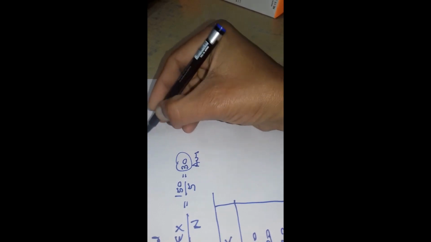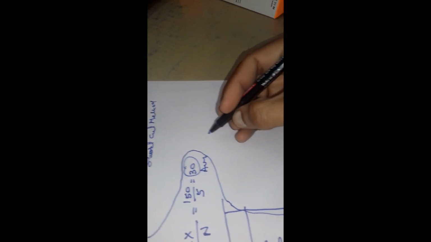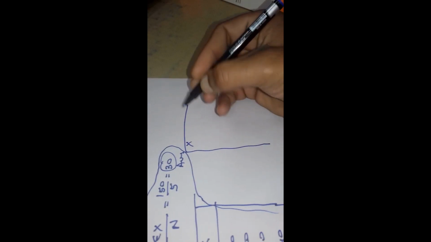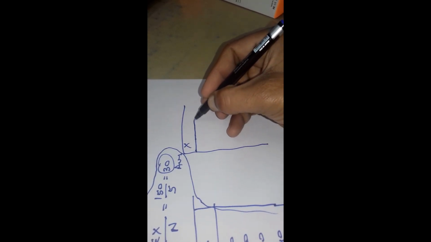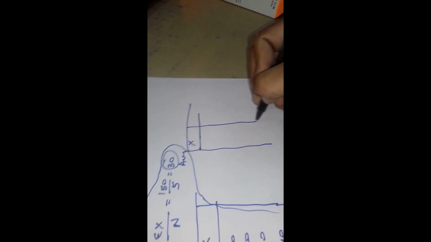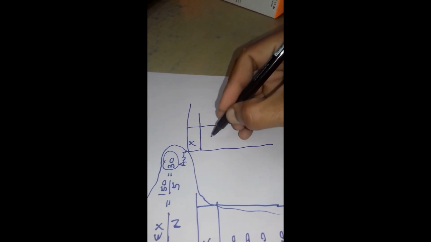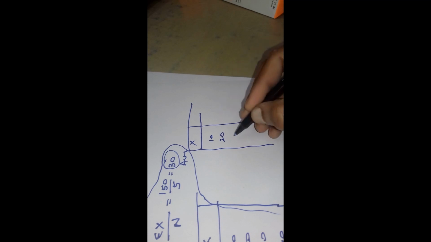And for the indirect method, or shortcut method, we can work like this. I'm taking the same question, where the values of x are 10, 20, 30, 40 and 50.